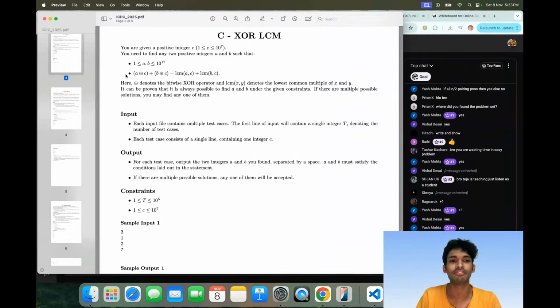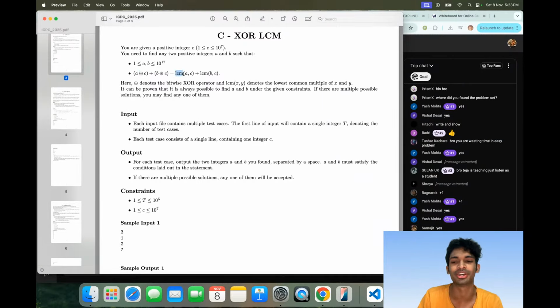When you see XOR and LCM together, they are not related at all. You should not think there is something great that involves LCM logic and XOR logic. No, it's probably something brute force.